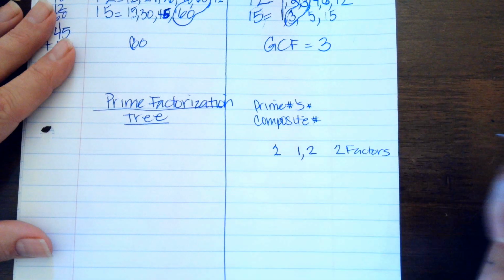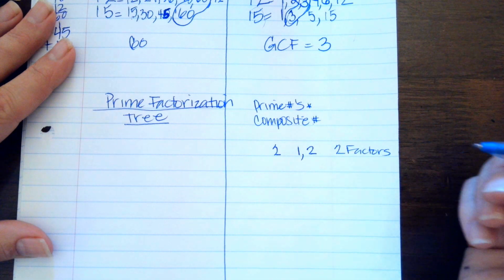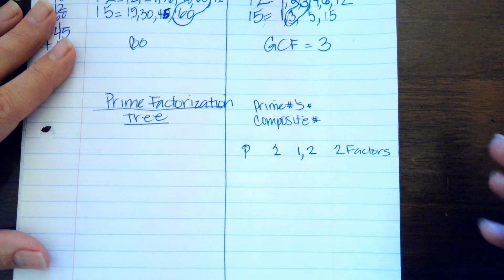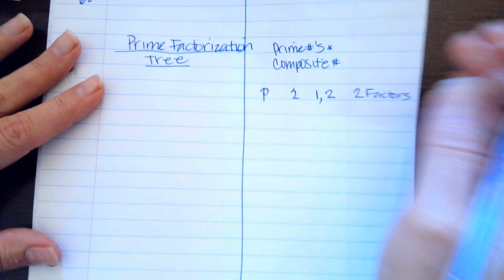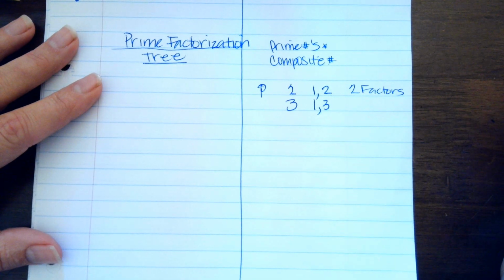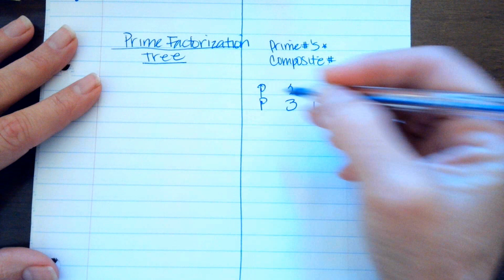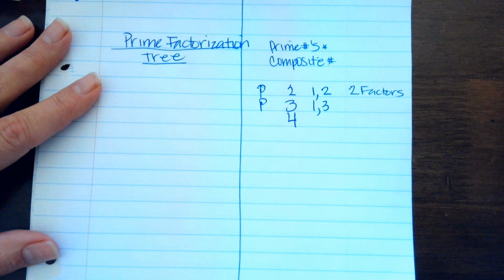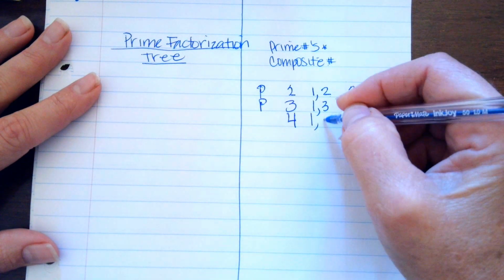So is 2 a prime number? Yes, because it only has 1 and itself. What about 3? Is 3 a prime number? Yes, because you can only do 1 and 3. So that's a prime number. What about 4? What are the numbers that can be divided into 4? We have 1. What about 2?